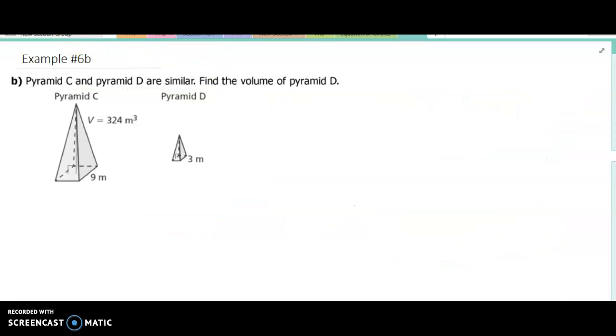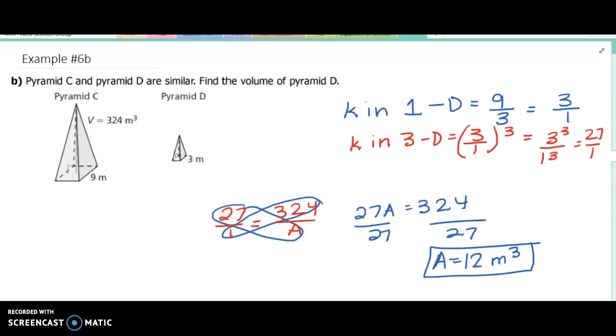All right, use example 6a to kind of guide you, and then I want you to go ahead and do this one on your own, and then we'll go over it. All right, so you have the scale factor for one dimension. It's 9 over 3 or 3 over 9, whichever, which reduces to 1 over 3 or 3 over 1. Okay, and then to find it in three-dimensional space, you take it to the third power, so you get 27 over 1.